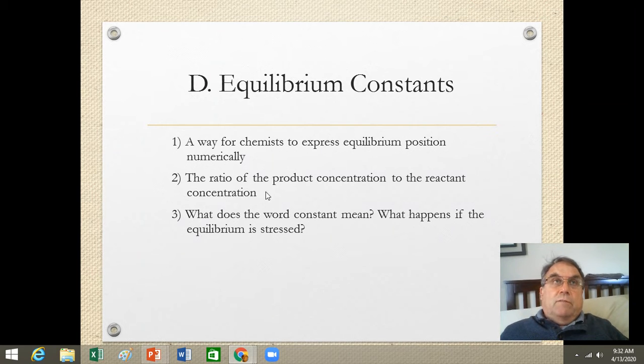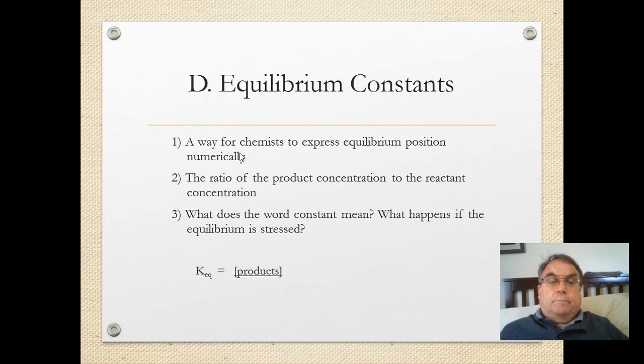So the amounts of reactants and products will change, but the ratio won't. So the equilibrium constant stays constant, it stays the same. So the only thing that can really change an equilibrium constant is temperature, because equilibrium temperature needs to be constant for the equilibrium constant to stay the same.